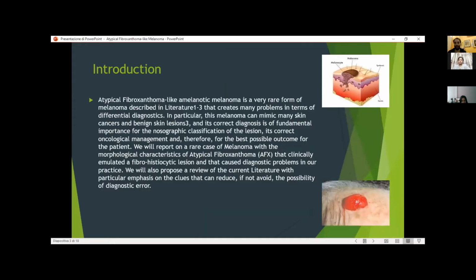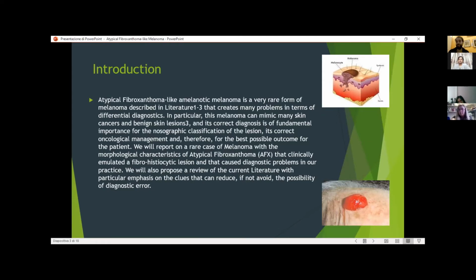In introduction, atypical fibroxanthoma-like amelanotic melanoma is described in English literature in 4 or 5 cases. Therefore, it is a very rare form of melanoma, and the correct knowledge is of fundamental importance, because many problems in terms of differential diagnosis can be created.